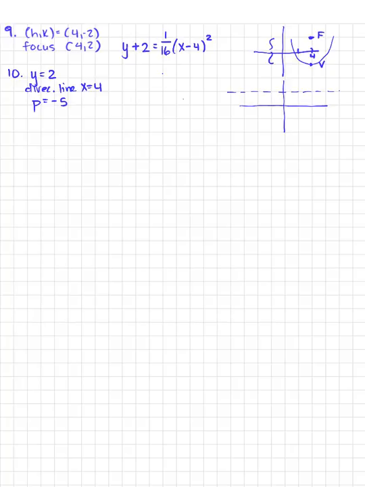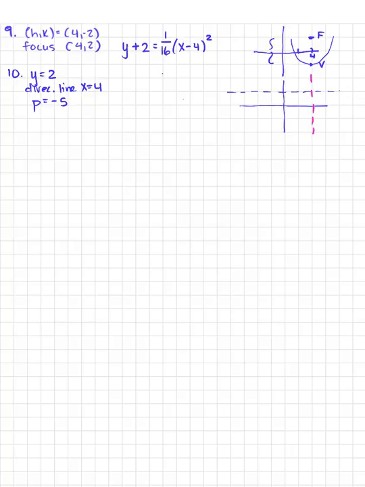And we know the vertex is, did they give us the vertex? Directrix is the line x equals 4. So this would be my directrix.